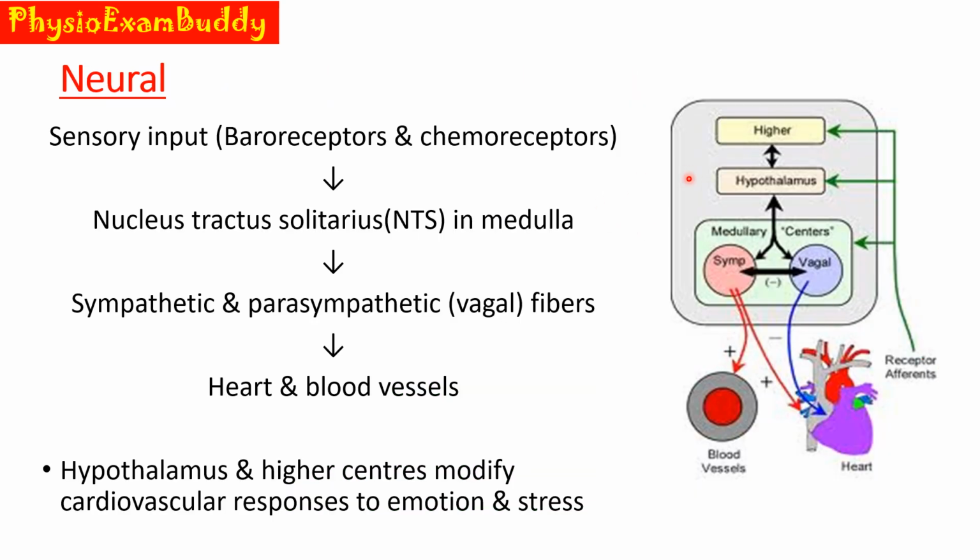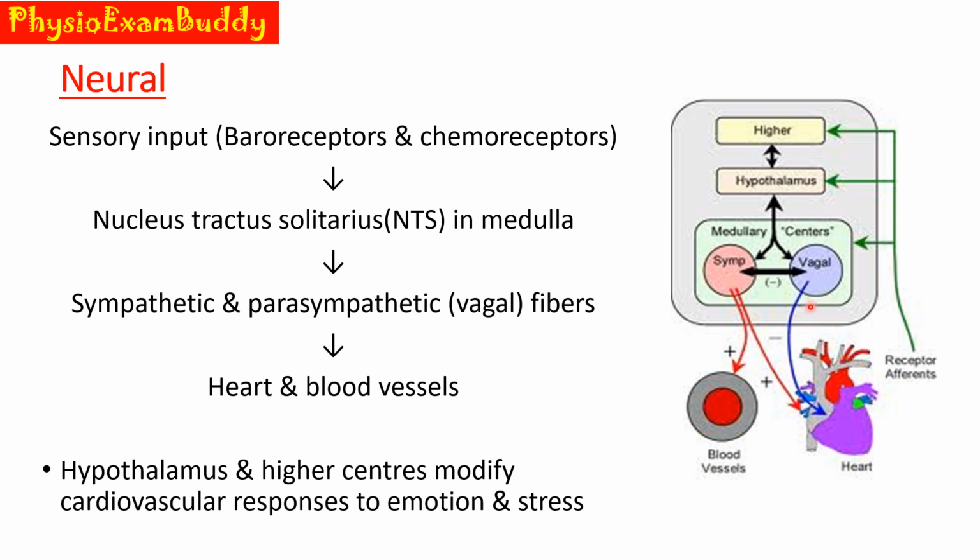Neural factors. Actually, the sensory input will come from our baroreceptors as well as the chemoreceptors, and it is transmitted to the nucleus tractus solitarius, which is situated in the medulla, and from there sympathetic as well as parasympathetic outflow is going to our heart as well as blood vessels.